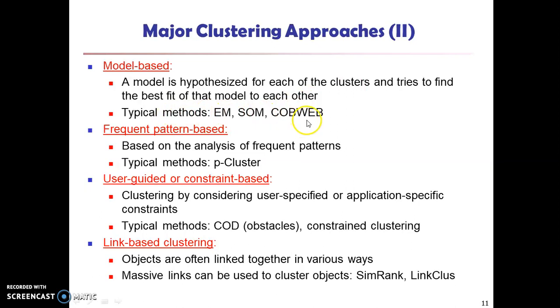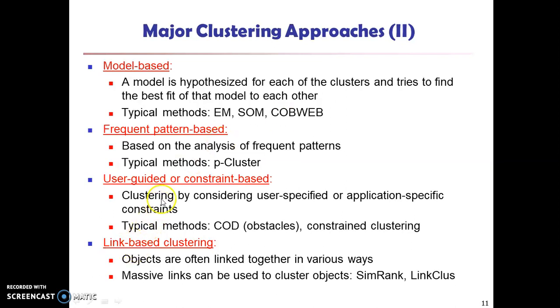There are some methods given over here. And frequent pattern based is based on the analysis of frequent patterns. So how are we going to cluster? We have different approaches. Frequent pattern based is one of the clustering approaches. Based on the frequent patterns, the data points will be clustered.